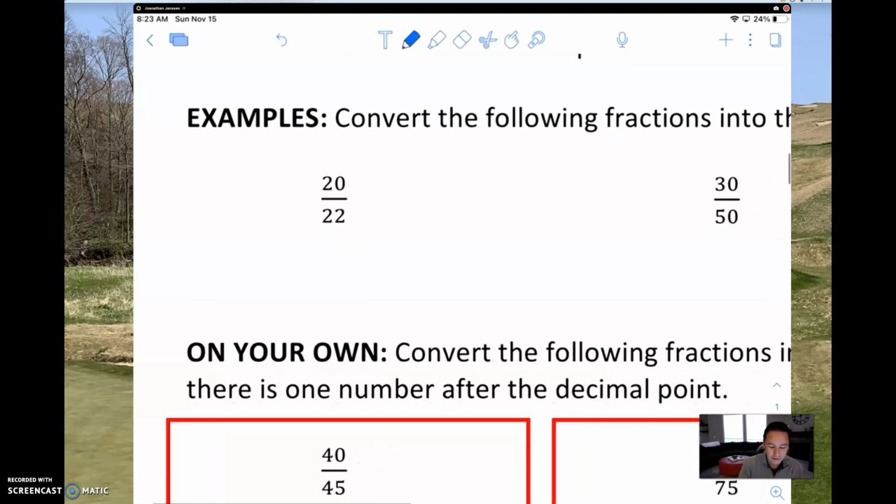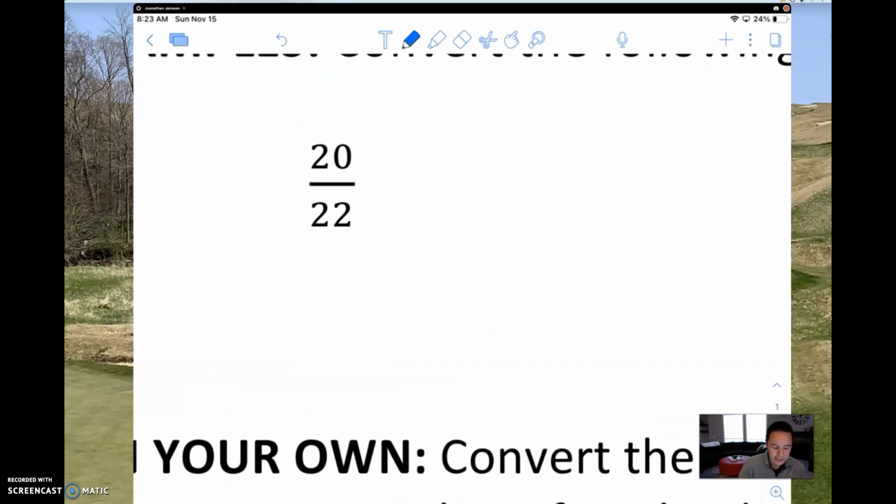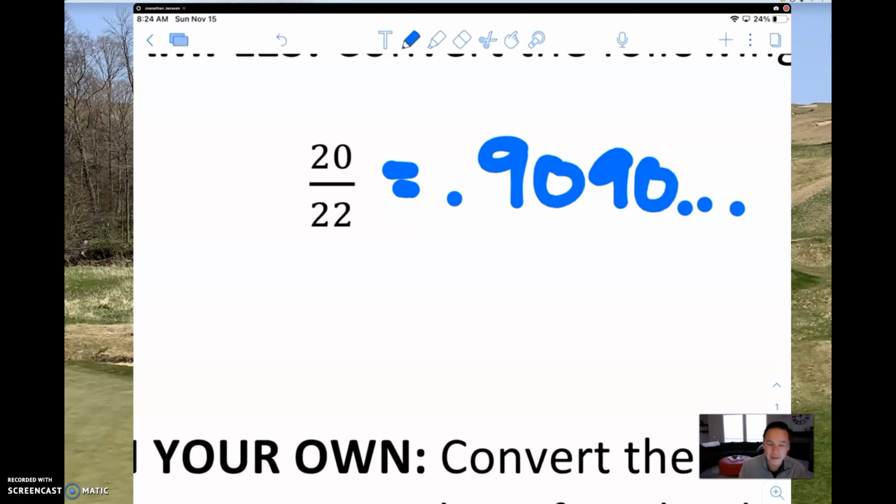So in order to convert fractions into a percent, we first have to divide on a calculator. We're going to take 20 and divide it by 22. So we just go on a calculator, 20 divided by 22, and that gives us 0.9090, repeating. So that's the decimal equivalent, but now we have to turn it into a percent.